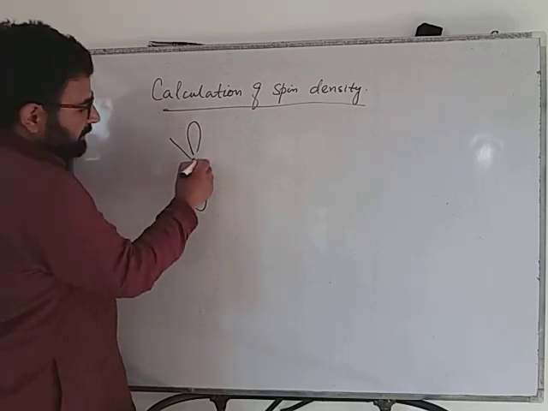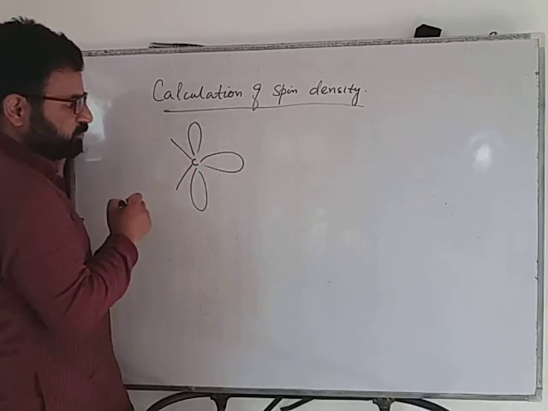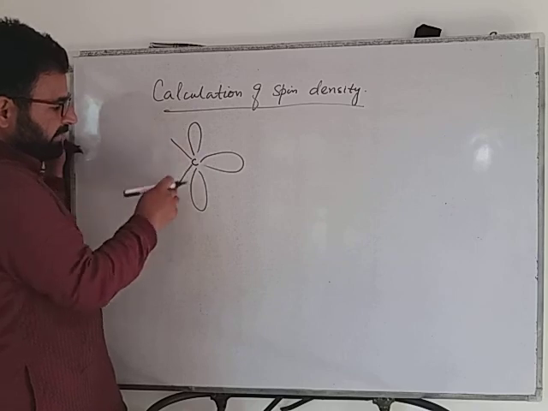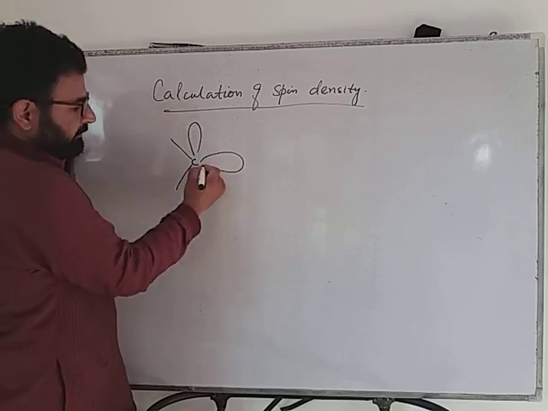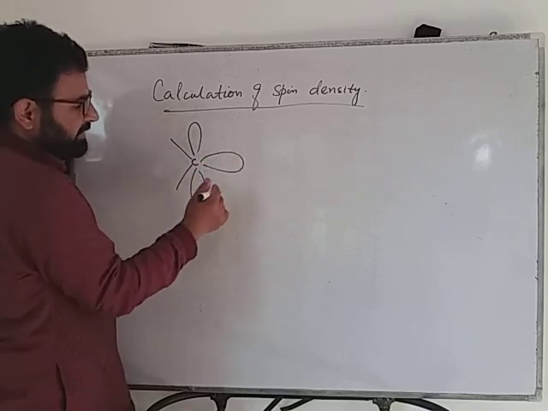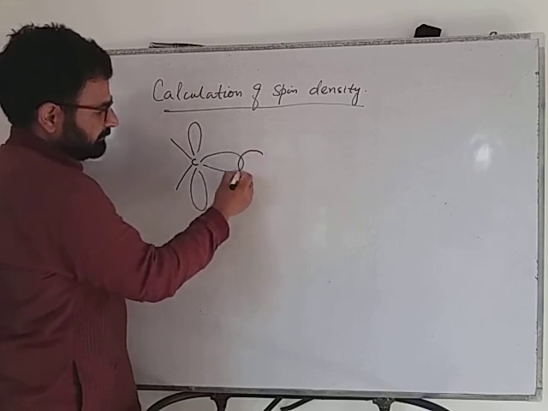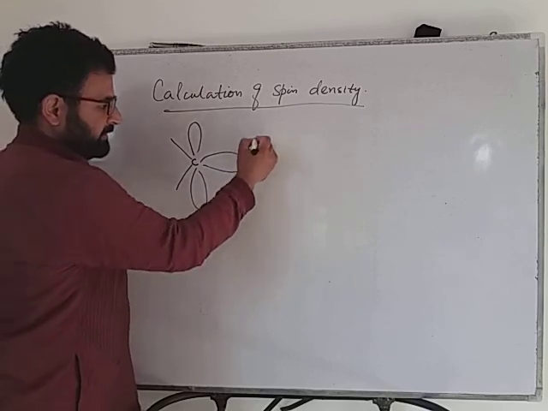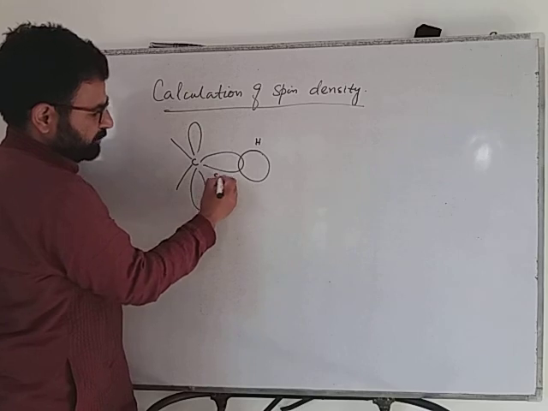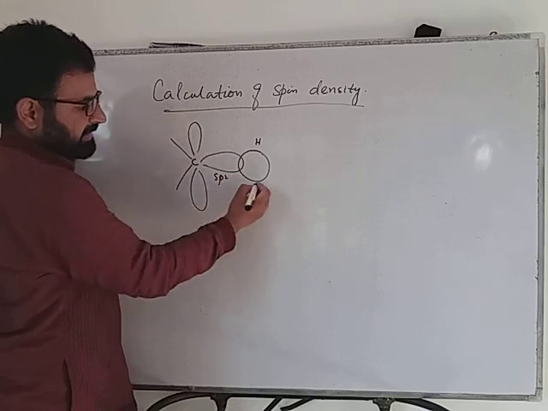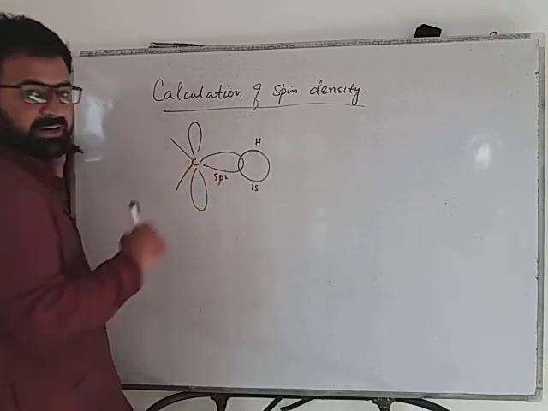So it has 3 sp2 hybridized orbitals. 2 will be bonded in the ring with the ring carbons, and the third one will be bonded with the hydrogen atom. This is hydrogen, and it is an sp2 hybridized carbon orbital, and this is the 1s orbital of hydrogen.